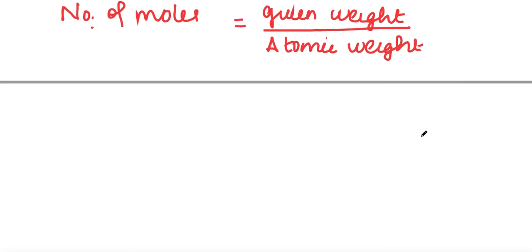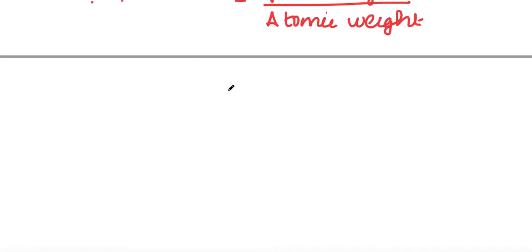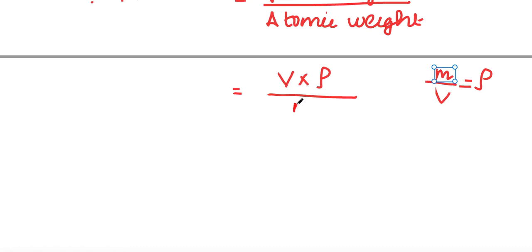Now we can calculate these two things. The given weight we can calculate as volume into density, since mass divided by volume is equal to density. So the number of moles is volume into density divided by atomic weight Ma.